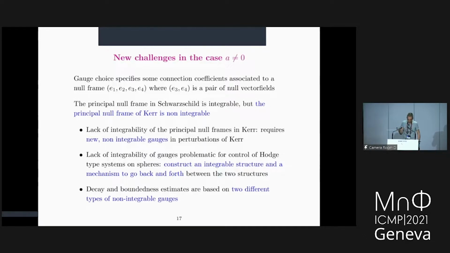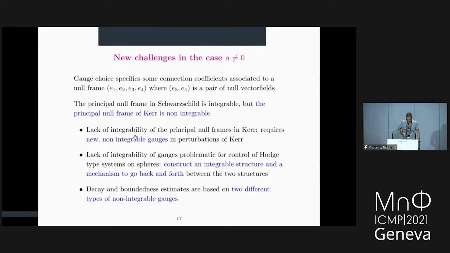Or if you want S-foliations, in other words, the fact that your frame is adapted to spheres. So here, if you want to work in perturbations of Kerr for non-zero angular momentum, the first thing you need to do is to define new gauges. In other words, you need to define non-integrable gauges. So that's the first thing you should do. You should think of how to define new gauges. And then, so that's the first aspect.